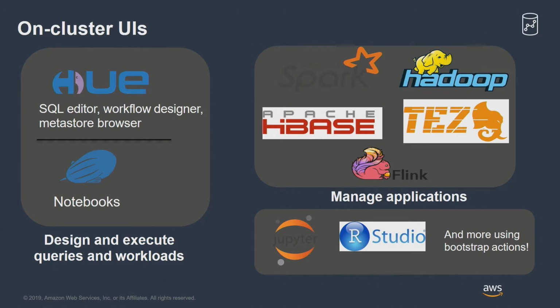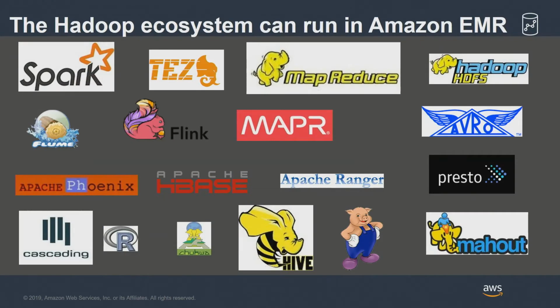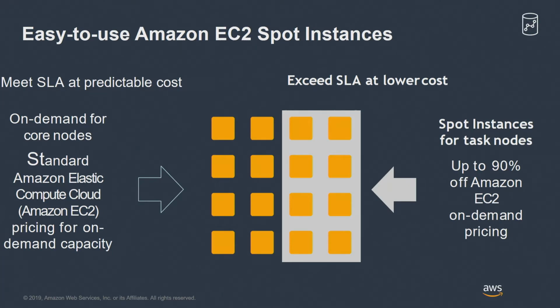We've got Hadoop probably being the biggest there, and then Jupyter, do some R stuff. And then you've got the whole ecosystem of other partners and open source tools that you can run on top of a clustered environment.